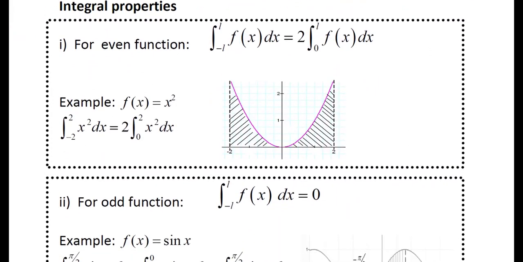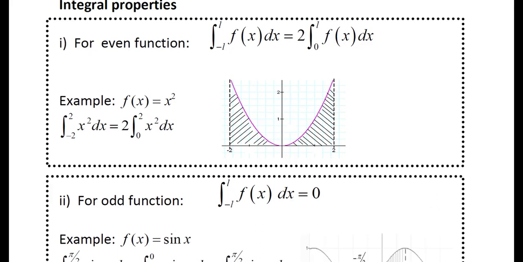Okay, now we look at integral properties. Integral properties is we want to know what happens for the integral of even function and integral of odd function. So for even function, let's say f(x) is even function, so you have this graph. This is f(x) equal to x squared. And then you will integrate from negative 2 to 2.